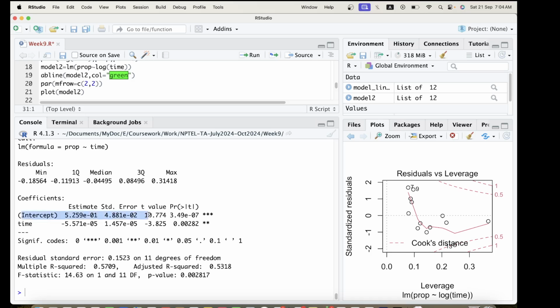Okay, this is the estimate, standard error, this is the intercept term, this is the time, and we have adjusted R square and F statistic and p-value, and we have the residual standard error.